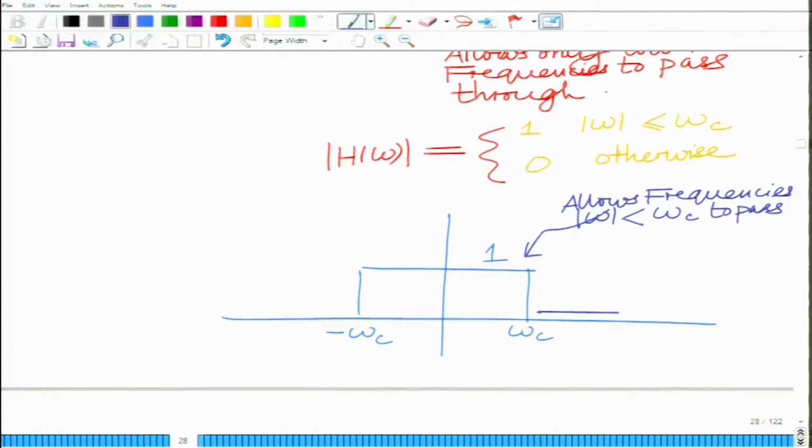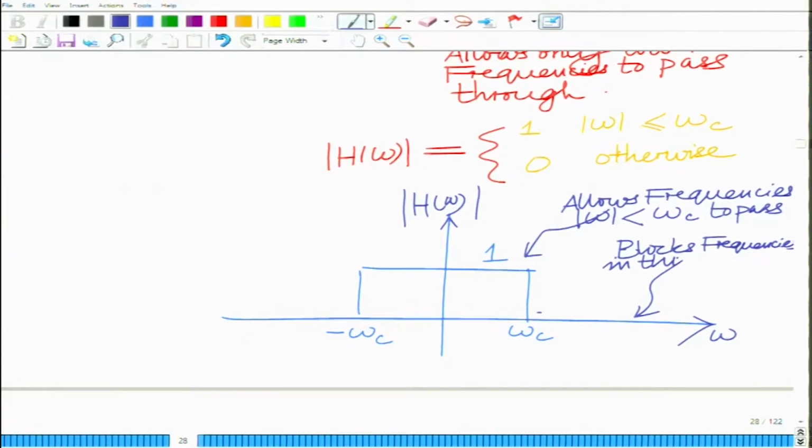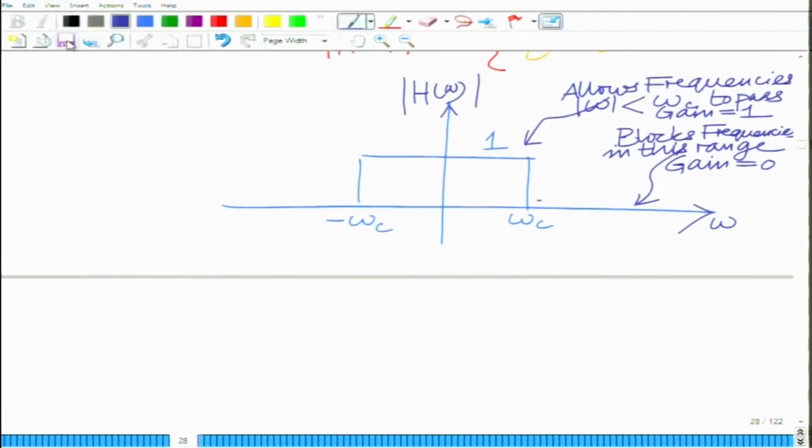So, in the pass band from minus omega_c to omega_c, the gain is equal to 1, and this quantity omega_c is termed the cutoff frequency.